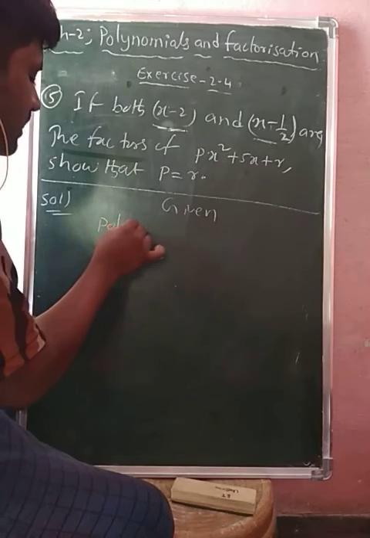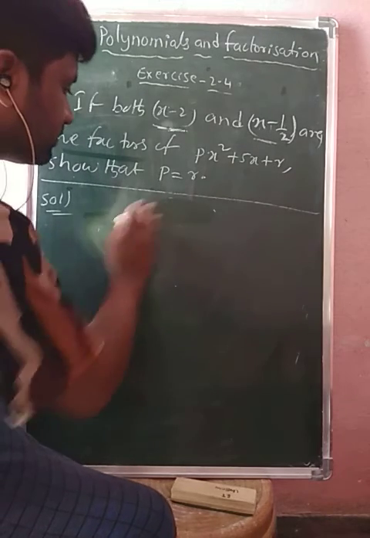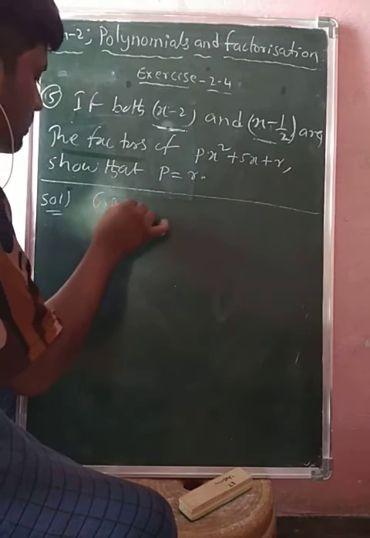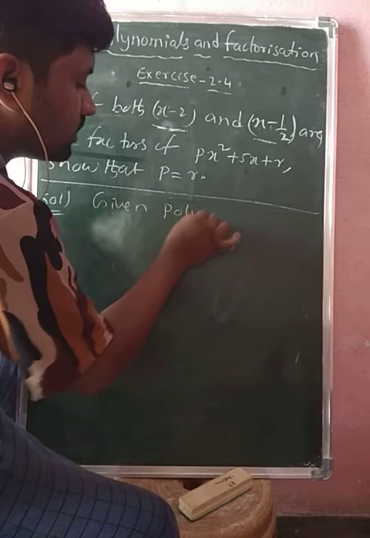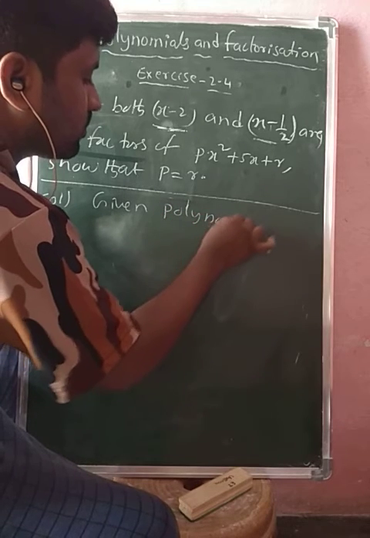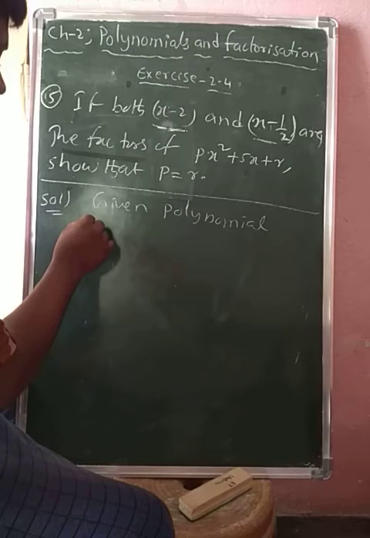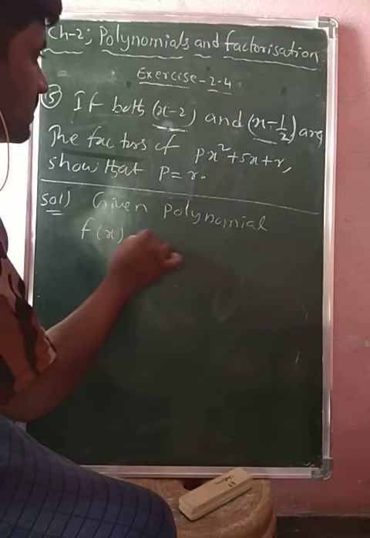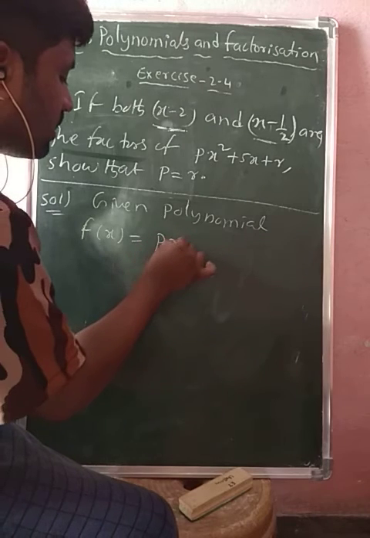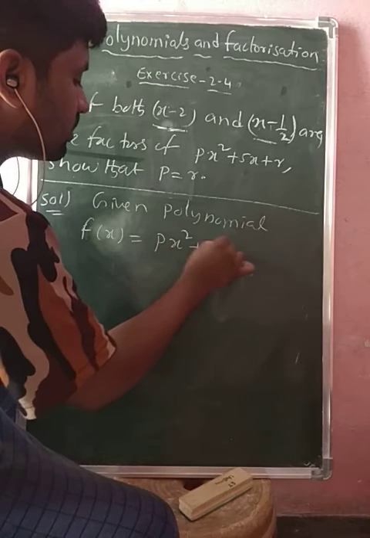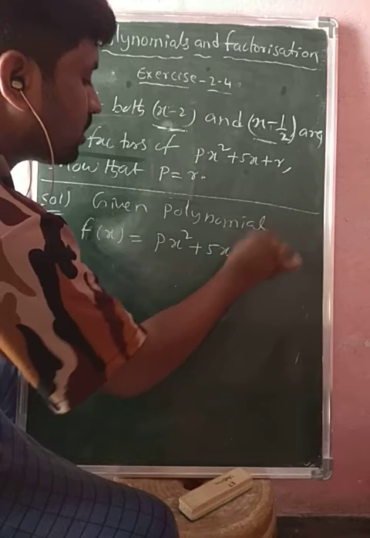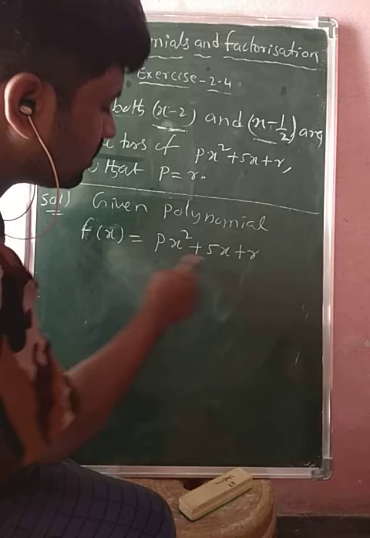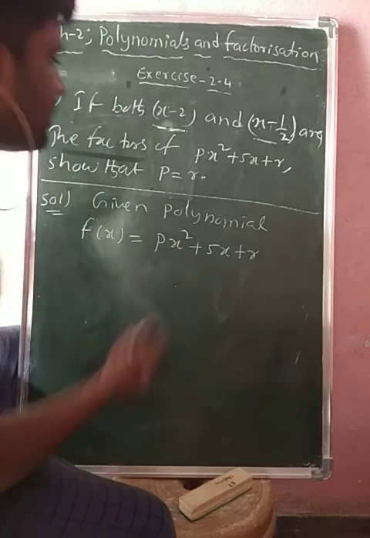Given polynomial, that is f of x is equals to px square plus 5x plus r. Okay, f of x is equals to px square plus 5x plus r.